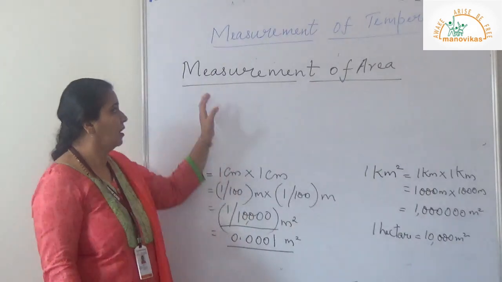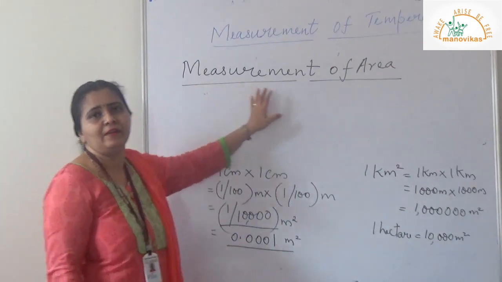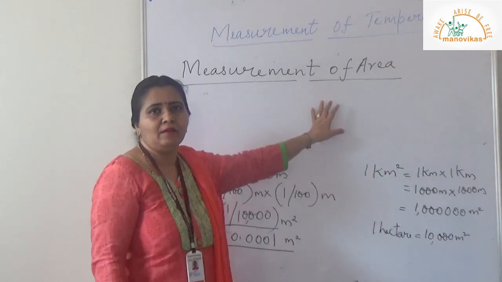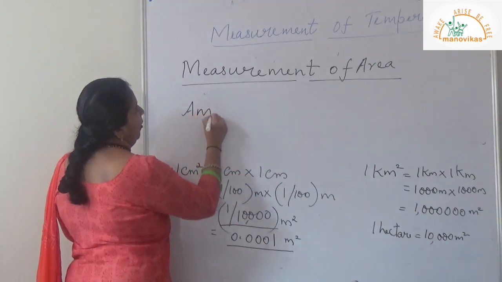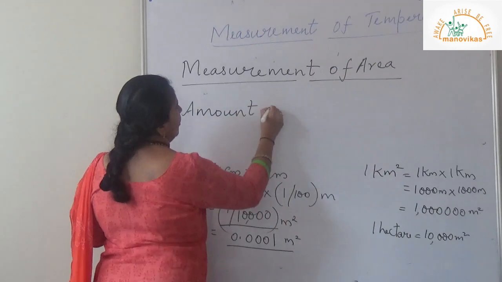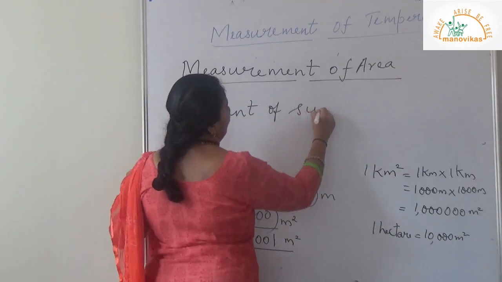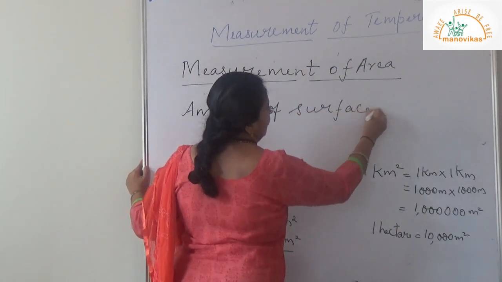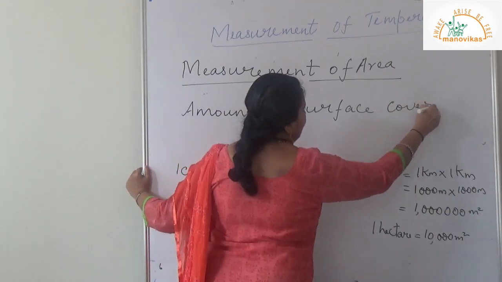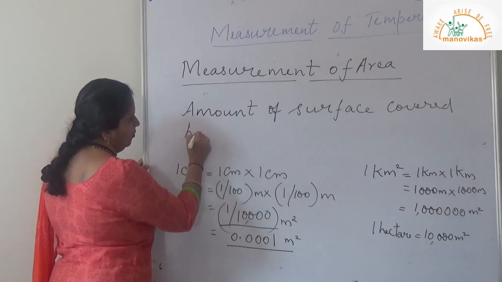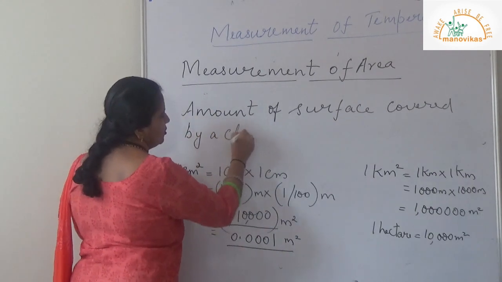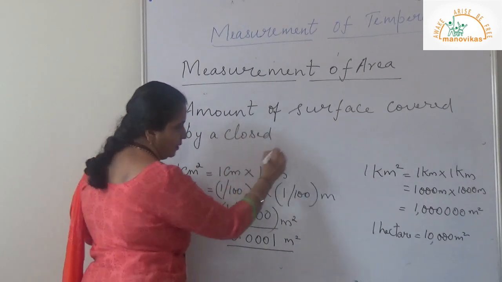Now let us start with measurement of area. Now what is area? Area is the amount of surface covered by a closed shape.